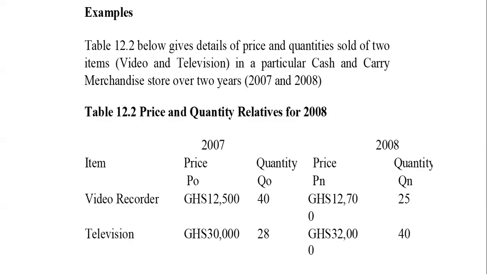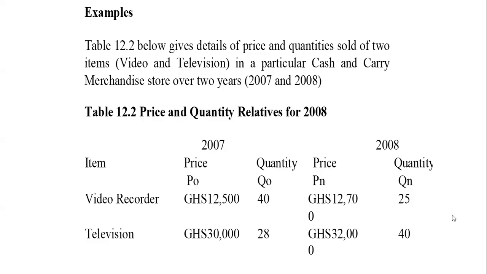So let's look at this example and apply the formulas there. Table 12.2, as you can see below, gives details of price and quantities sold of two items, a video and television, in a particular cash and carry merchandise store over 2 years, 2007 and 2008. So the table shows the price and quantity relatives for 2008.